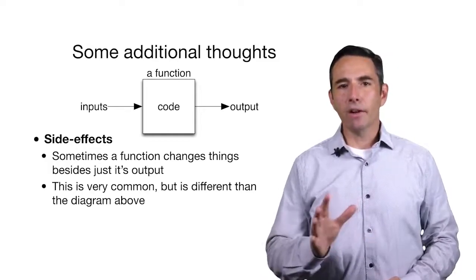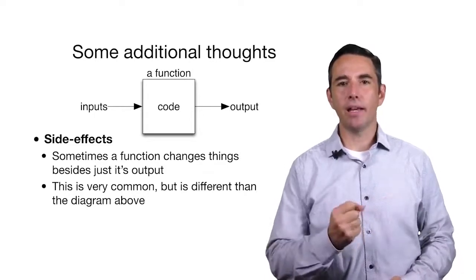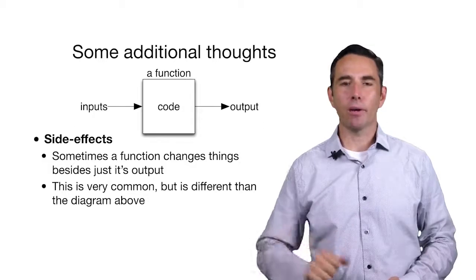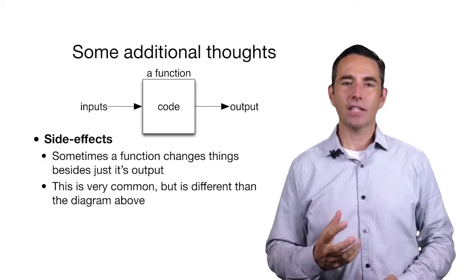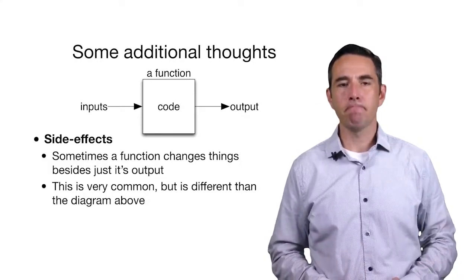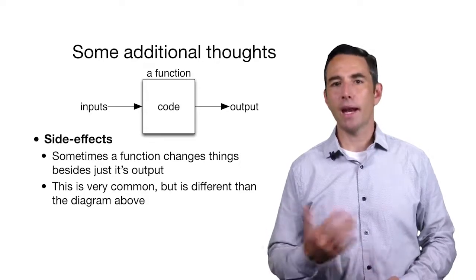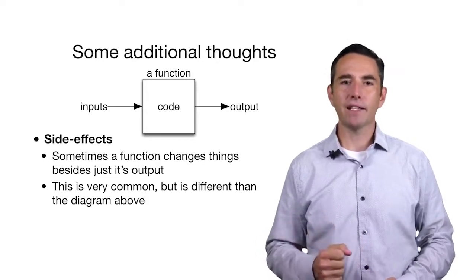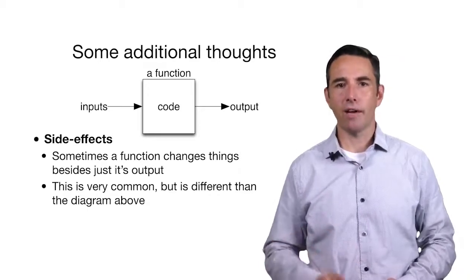When I described a function as this box, it's kind of like it was a black box where we have these inputs going in, code gets executed, and output comes out. Well, in reality, the code that gets executed within these functions can sometimes have something called side effects. Without side effects, you would assume that the only thing that this function is doing is writing an output. Well, side effects mean that that function might do something else in the world other than just return a value to the output.